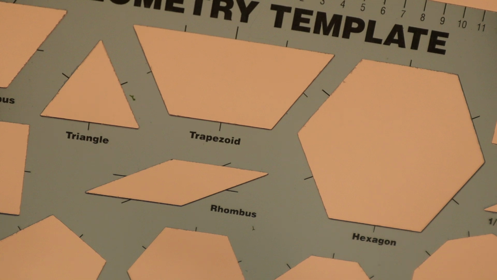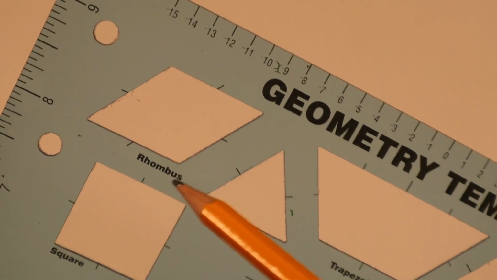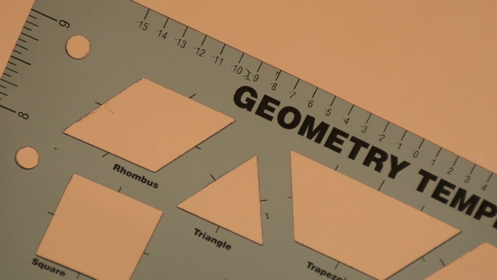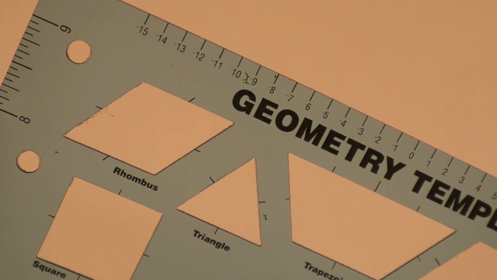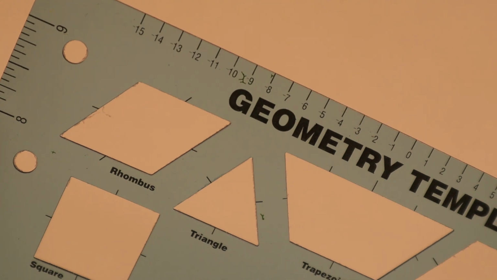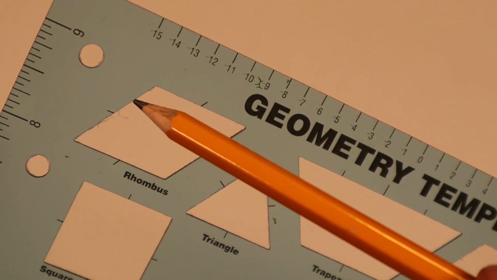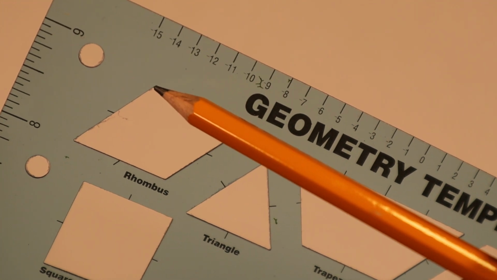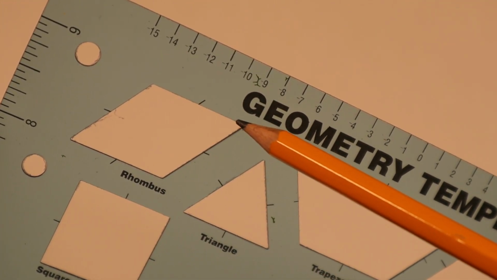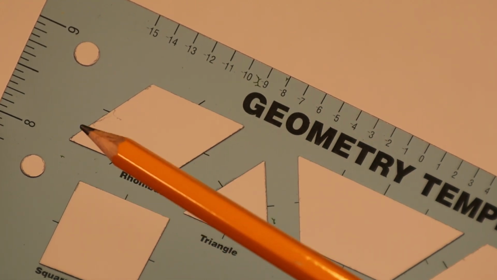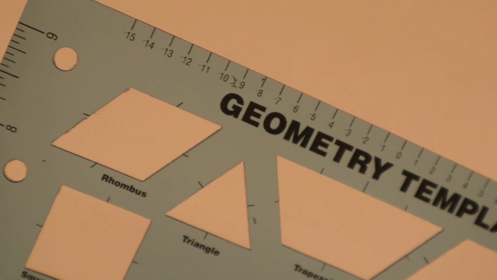The next one we may be using is going to be the rhombus. So this is the rhombus here. And with the rhombus, we have all sides are equal, and also opposite angles are equal. So we have this angle here is going to be equal to this angle, and this angle is smaller, and so it's going to be equal to the opposite side angle as well.